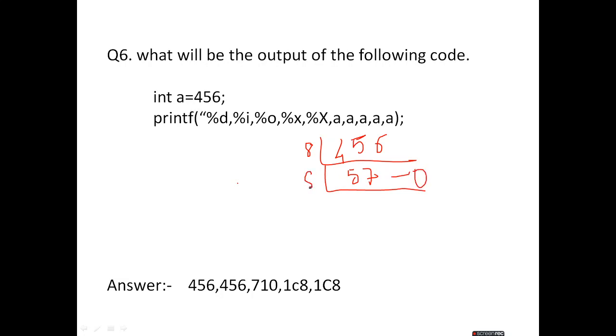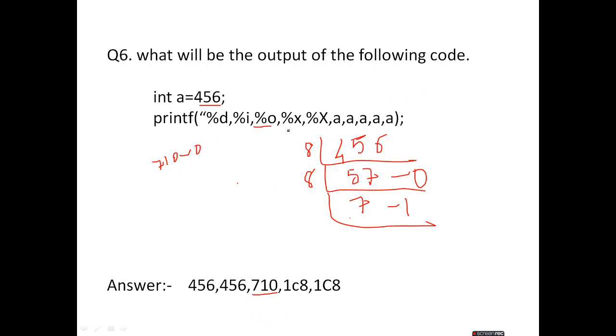Again 8 7s are 56, and we get the remainder as 1. So our octal number for 456 is 710. This is the octal number 710. So here the octal number printed will be 710.